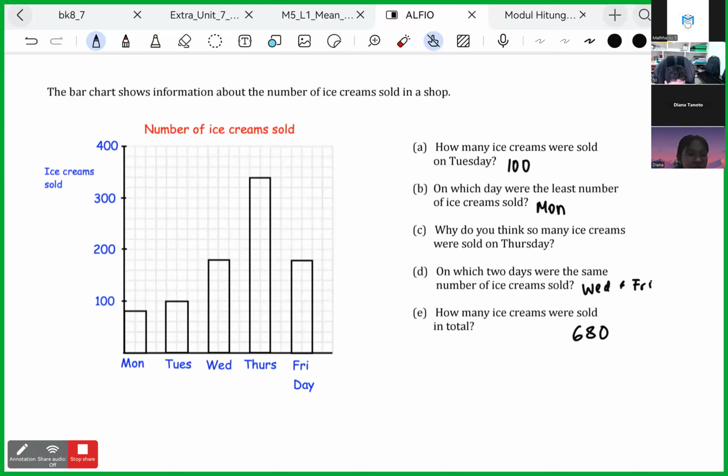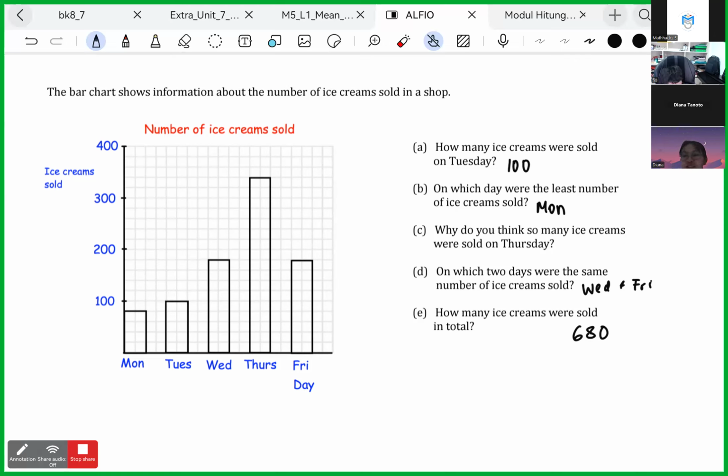Why is the greatest number of ice cream sold on Thursday? How am I supposed to know? Okay, by looking at the bar graph. Because it's a hot day?